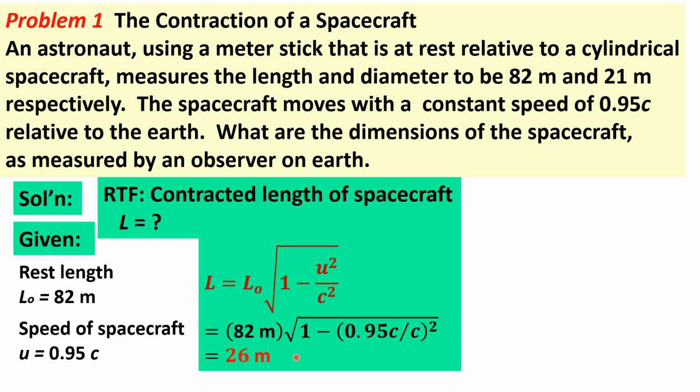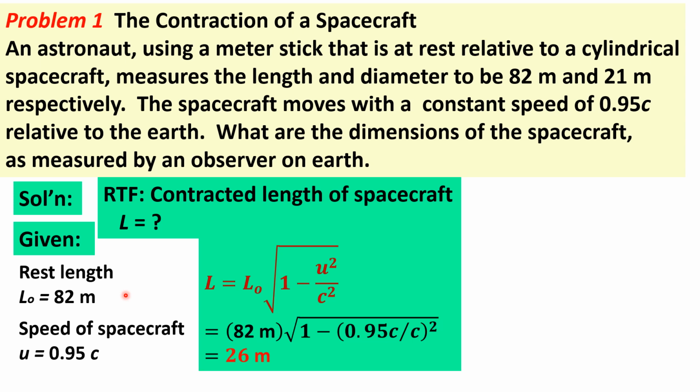And as expected, the contracted length is very much smaller than the proper length L naught. 26 meters as compared to the L naught, which is 82 meters.